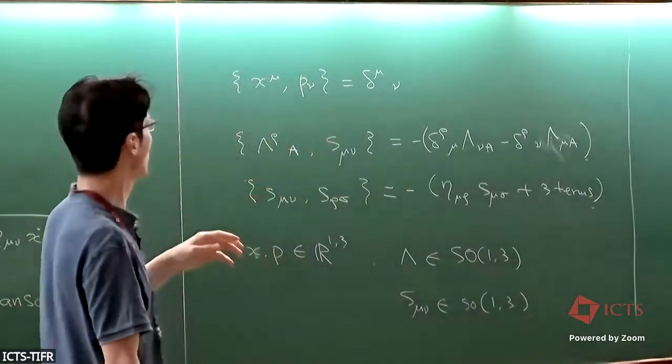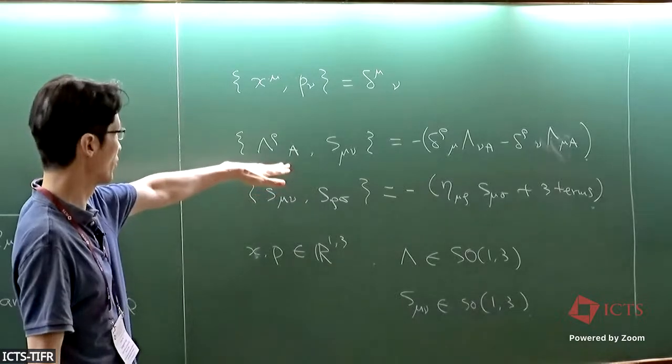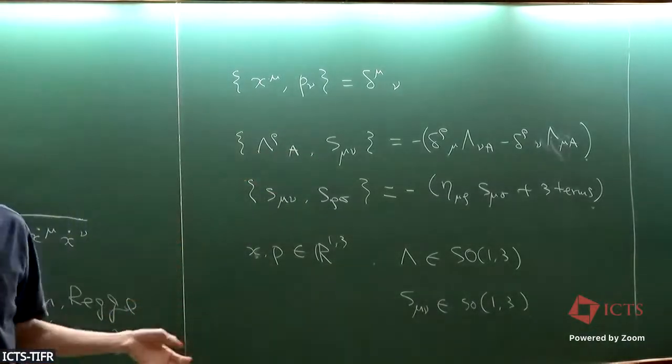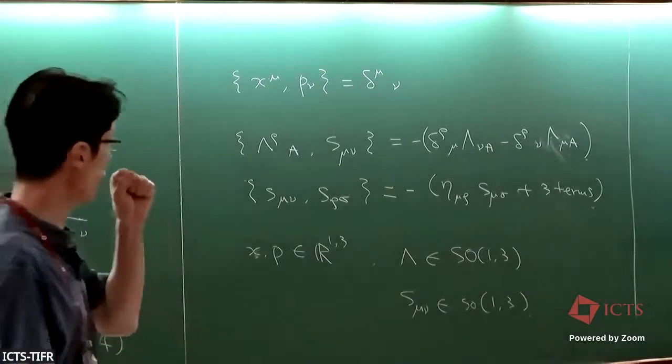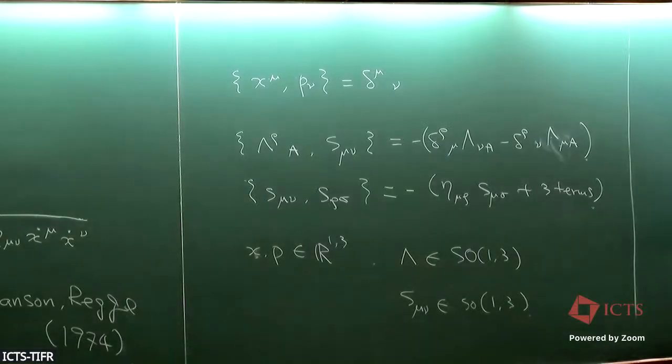We need some way to reduce the number of degrees of freedom from the apparent 6 down to 3. And the rough idea is that the Lorentz group element contains 3 rotations as well as 3 boosts. And the boost degrees of freedom are not real.